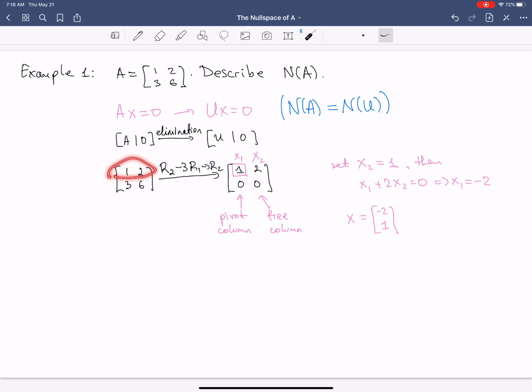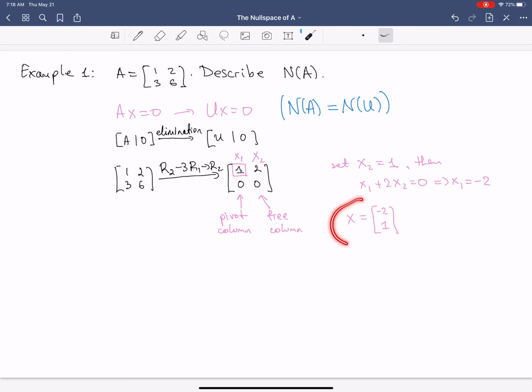When you apply this row times x, you get 0. When you apply this row, well, it's 3 times the first row, so you're going to get 0 again, because you have 3 times -2 is -6, plus 6 times 1 is 6. You get 0 again.